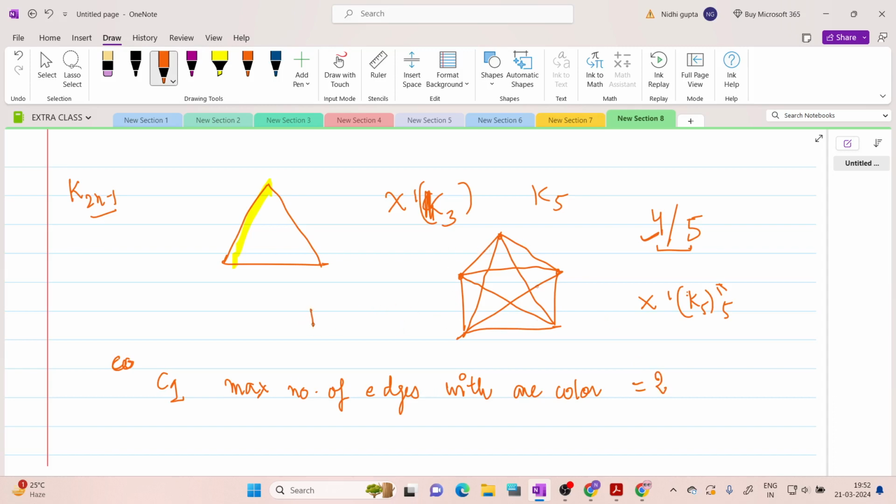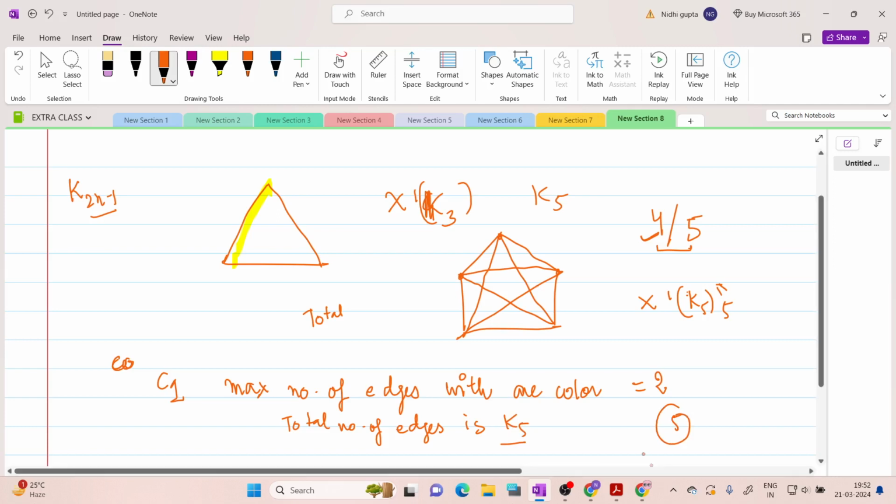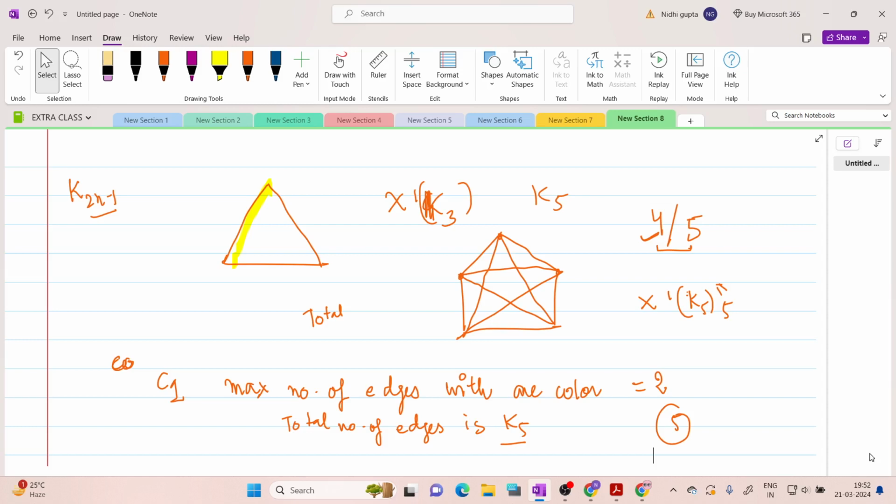And the total number of edges in K5 is 10. So one color can be used for at most 2 edges, and there are 10 edges, so we need at least 5 colors.